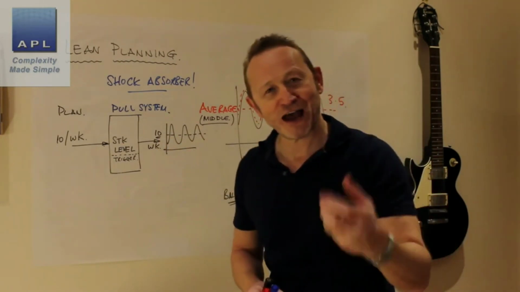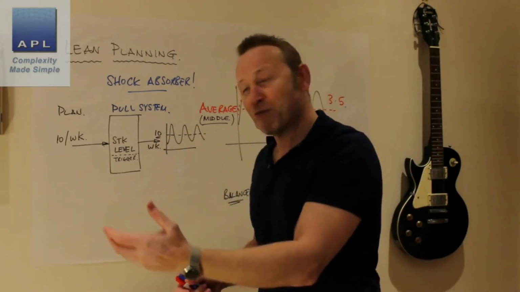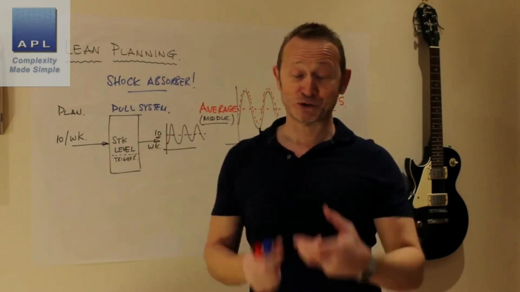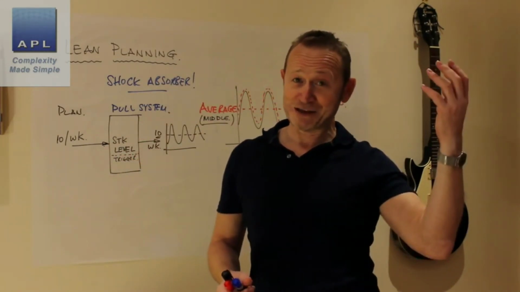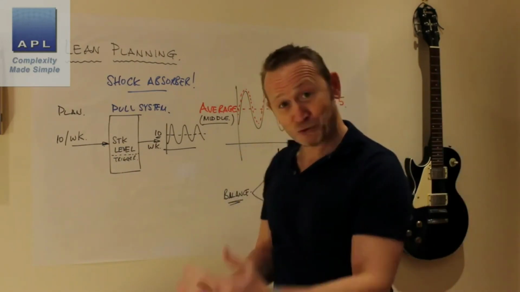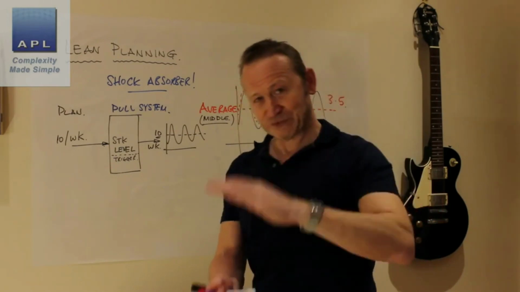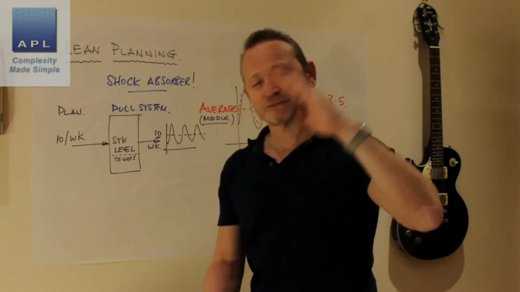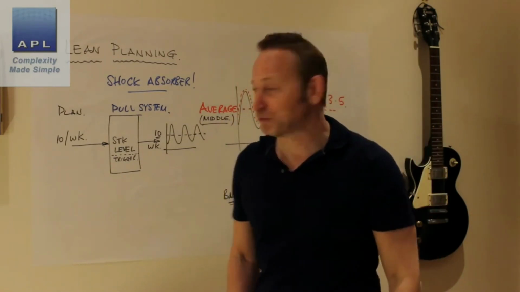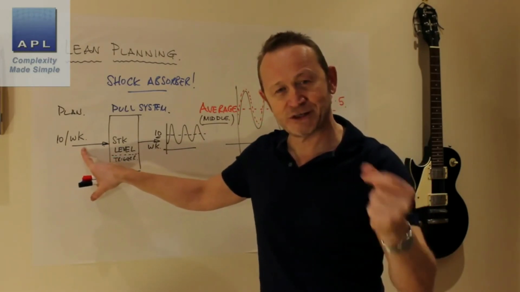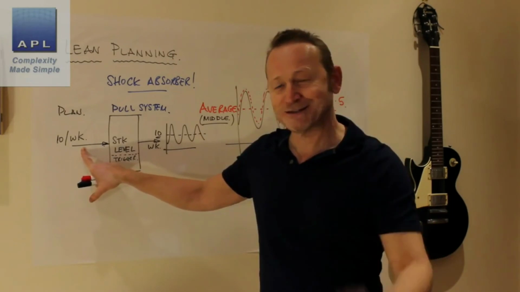Of course, on average, they'll take a little bit more off you. What will happen? Your stock level will go down. But of course, on average, they'll take a bit less than you want. Of course, what will happen? Your stock level will go up. Your stock level now is simply a shock absorber. What's the factory seeing? 10, 10, 10, 10, 10.